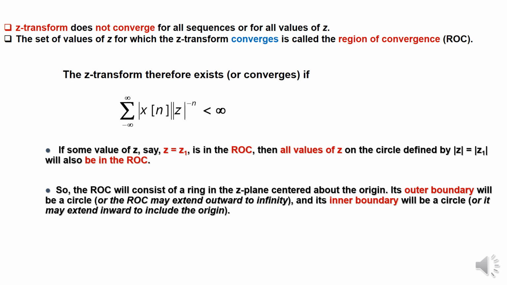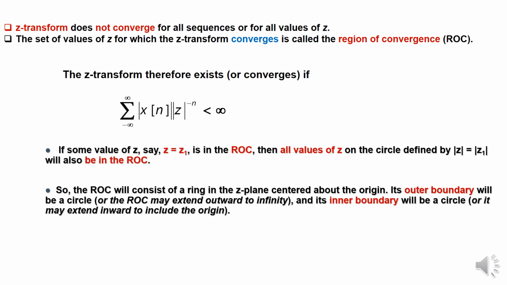If that value is less than infinity, we call that series convergent. So for the Z transform, when that sum of the magnitudes of x[n] z^(-n) is less than infinity, that means the Z transform exists, or it converges.